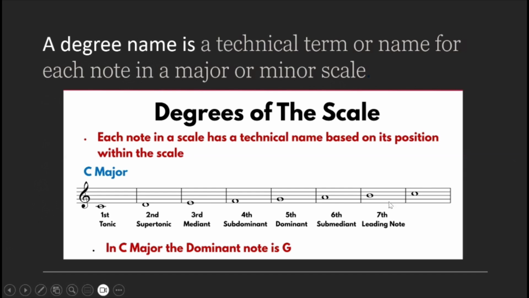Then Naomi, the leading note. Is it ti, re, fa? Ti, re, fa. Yes. Okay.